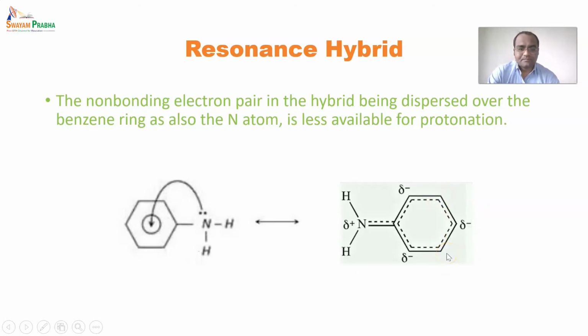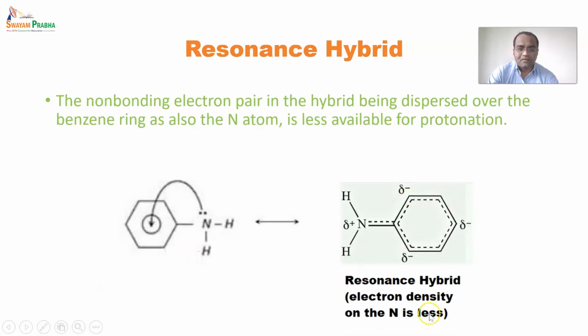So that is why there will always be an ortho-para product. And in the resonance hybrid, the electron density is less on nitrogen, because the electrons that were present have been given into the ring, and that is why the electron density has been reduced on nitrogen.